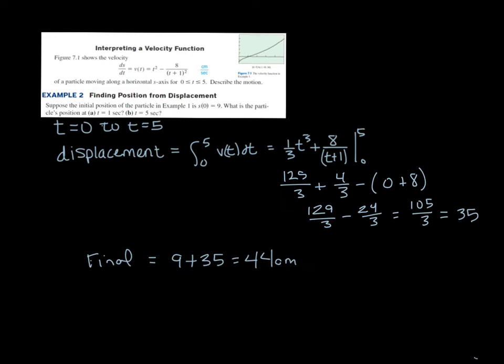You could write a position equation, s of t, to be the integral from 0 to t of u squared plus 8 over u plus 1 squared, that was our velocity equation, du, plus the initial position of 9.